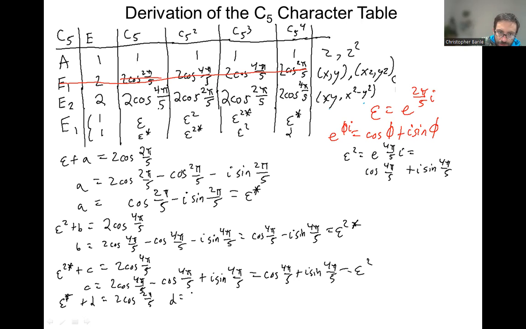And so d equals 2 cosine 2 pi over 5 minus the complex conjugate of epsilon, which is cosine 2 pi over 5 minus i sine 2 pi over 5.